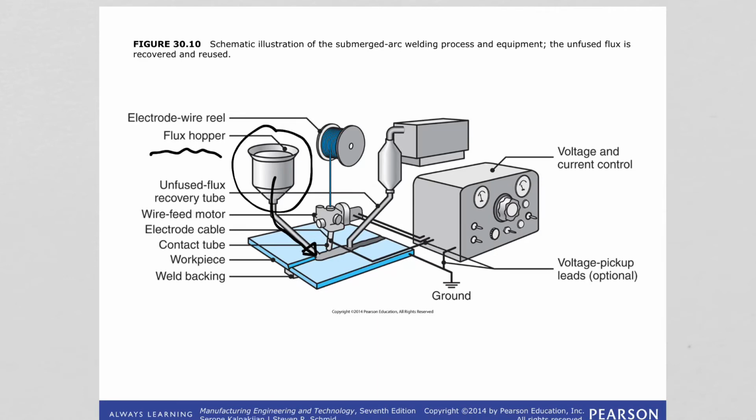So a portion of this flux melts and acts to remove impurities from the molten metal. And unmelted flux is recovered by a vacuum system and is reused.